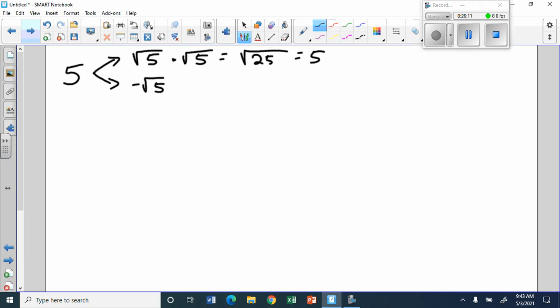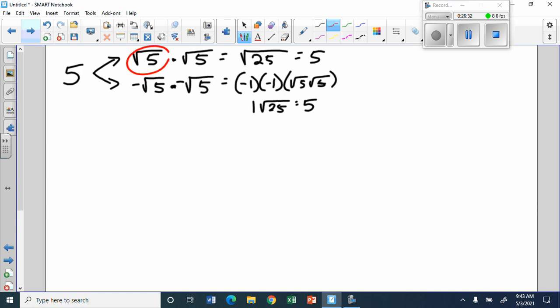That's where we got the 5 here. Negative square root of 5 times negative square root of 5 is a negative 1 times a negative 1 times the square root of 5 times the square root of 5. Negative 1 times negative 1 is 1. Square root of 25 equals 5. So both of these would be able to be multiplied to get 5.